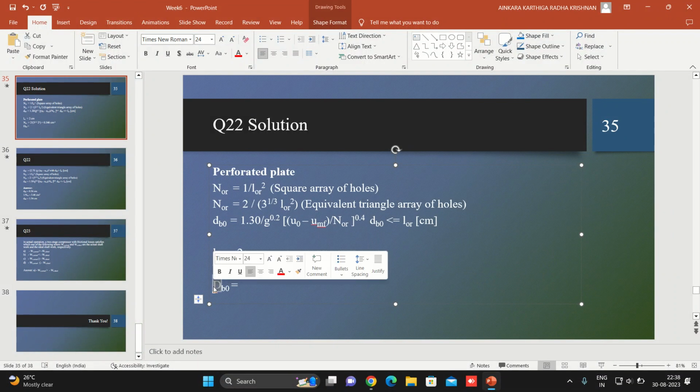So now we found out number of holes when we are using triangular pitch. So NOR is giving us 0.346 per centimeter square.